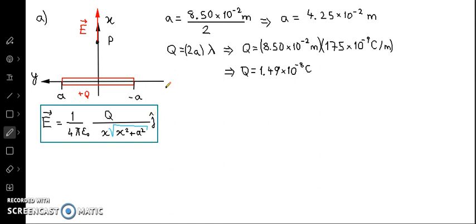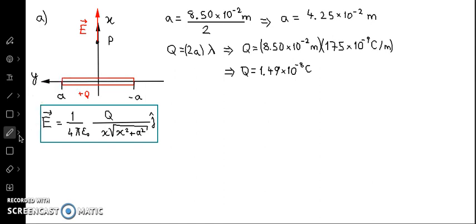We are going to substitute the numerical values to calculate the value of the electric field. So 1 over 4 pi epsilon 0, that's the same thing as Coulomb's constant K. Capital Q is the total charge on the wire, which is not given, but the linear charge density lambda is given.